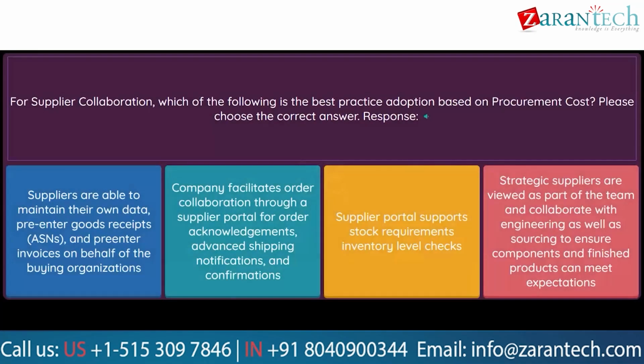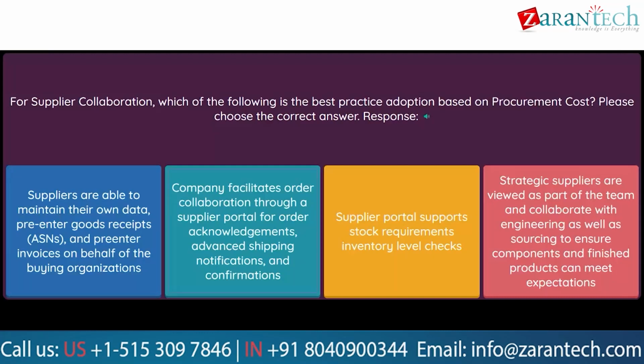Question: For supplier collaboration, which of the following is the best practice adoption based on procurement cost? Please choose the correct answer. Response: Option 1 Suppliers are able to maintain their own data, pre-enter goods receipts, ASNs, and pre-enter invoices on behalf of the buying organizations.